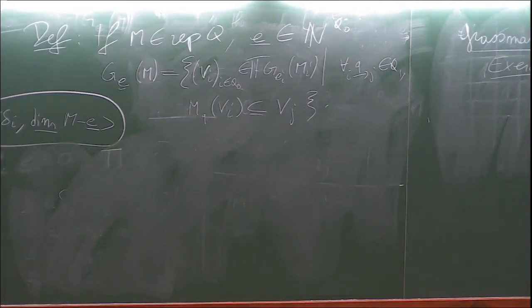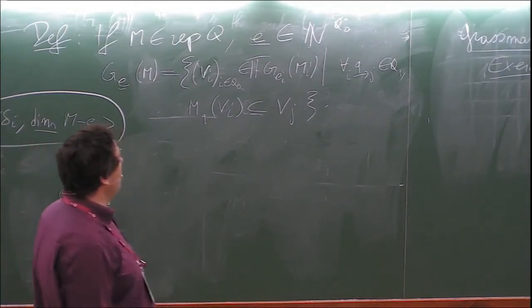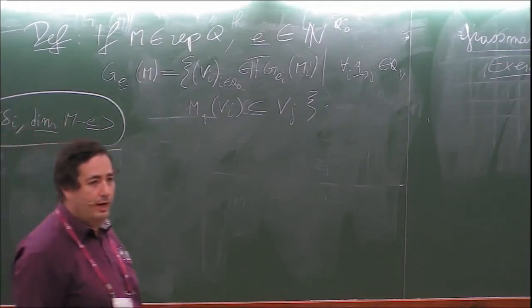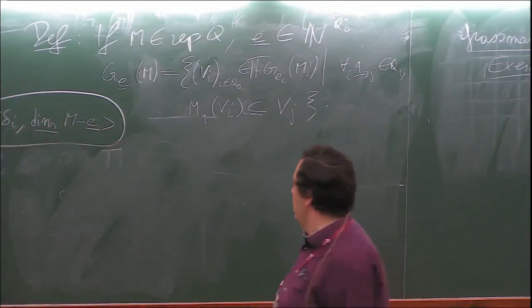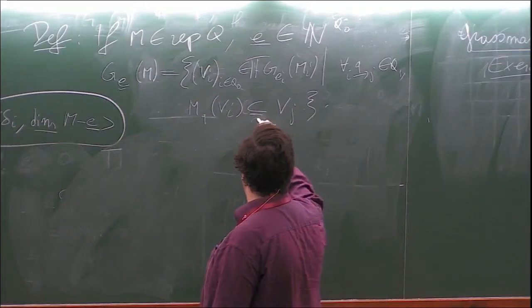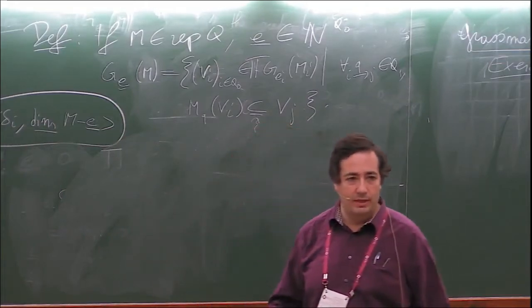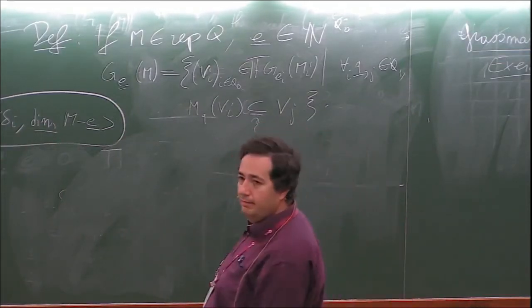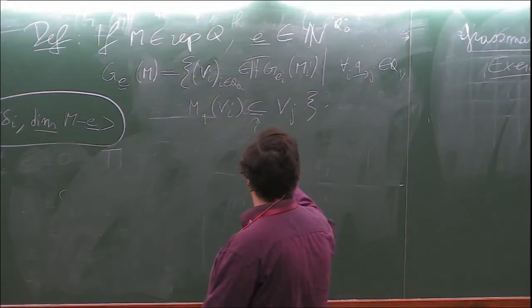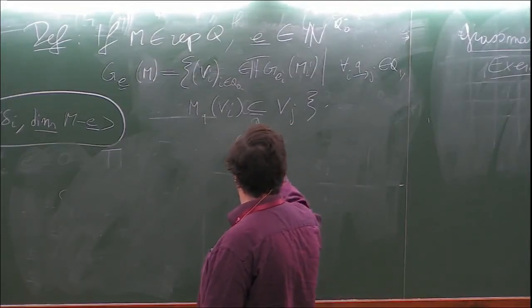So this obviously parameterizes sub-representations of a representation. The question is, is it still a variety? The answer is yes. The point, and this is a general point, you can also do that as an exercise. It's very interesting, not that difficult, but very interesting. The point is this is a closed equation.